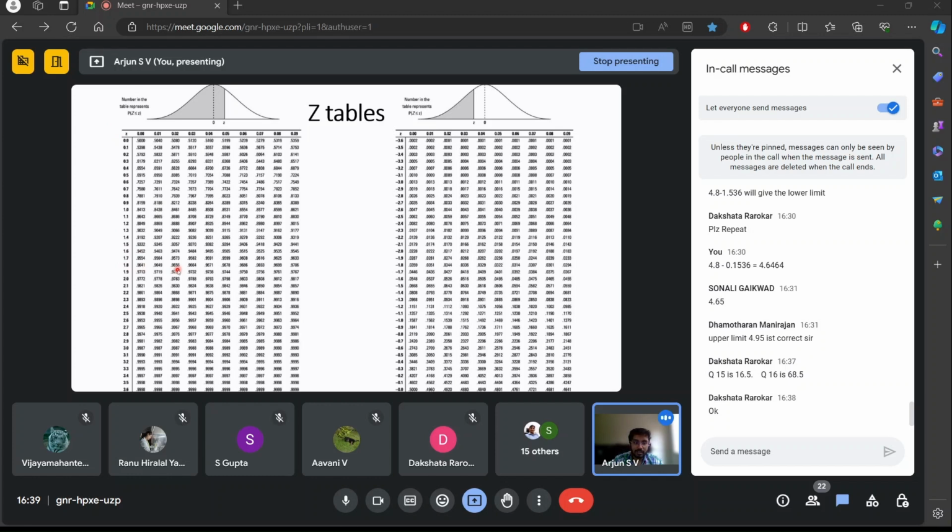That will be the area of the normal distribution curve under a Z value of 1.82. Let's say this is 1.82, so this shaded area will be 0.9656.